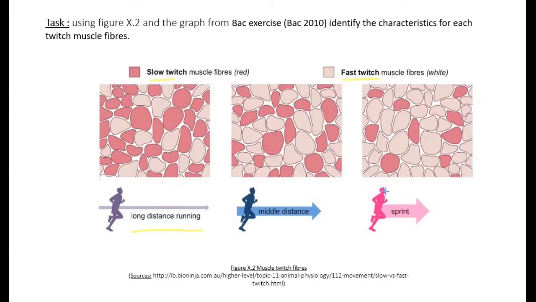So this is what you could see in fast twitches, slow twitches. So the amount of red fibers and white fibers, which are the two main types, varies. There are more red fibers for long distance and endurance activities, and there are more white fibers for short activities, but which require more power.